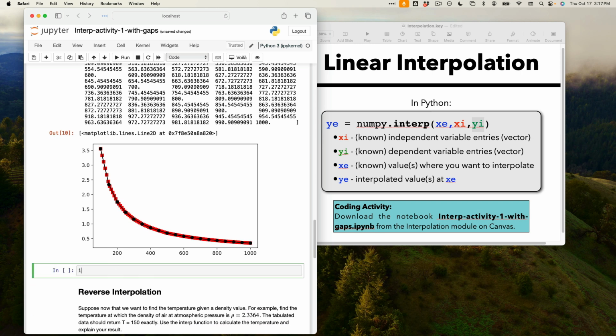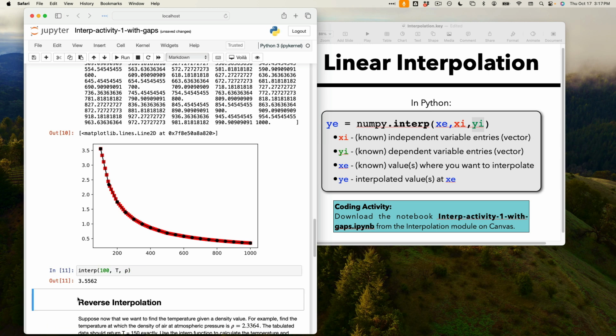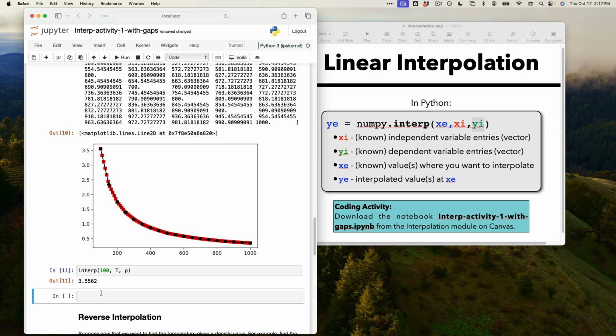So you can do interp at 100 for t and rho. It gives you 3.5562. Now, what is the first value in rho? 3.5562. Not even round off error. Because it was built like that.